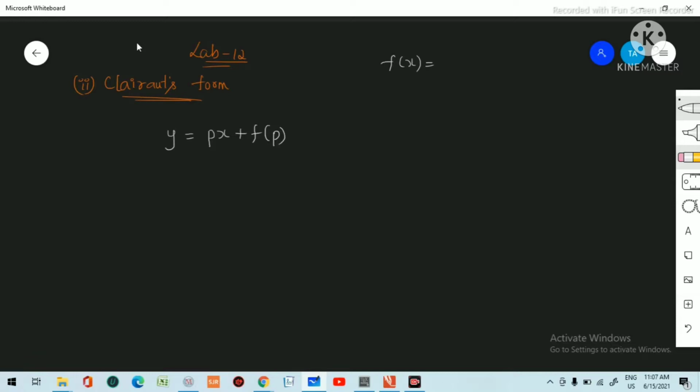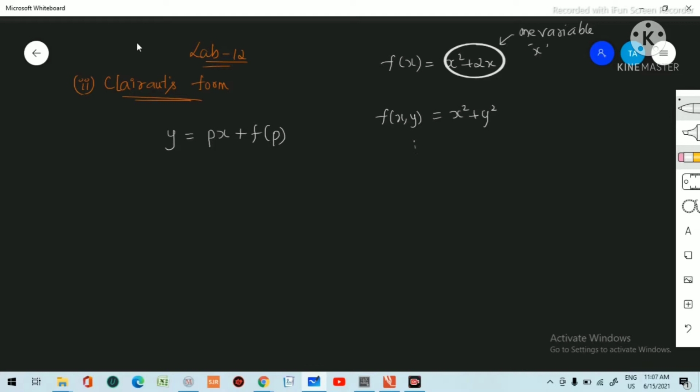Now come to the right hand side of the board. We know that if I have only one variable on the right hand side, we will represent the function by f of x, right? Here I have only one variable, that is x. Suppose I have x square plus y square, how do we represent a function? f of x, y is x square plus y square.